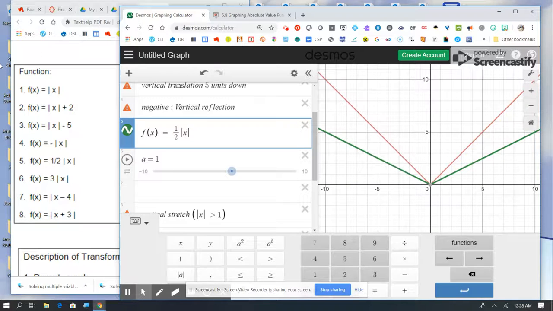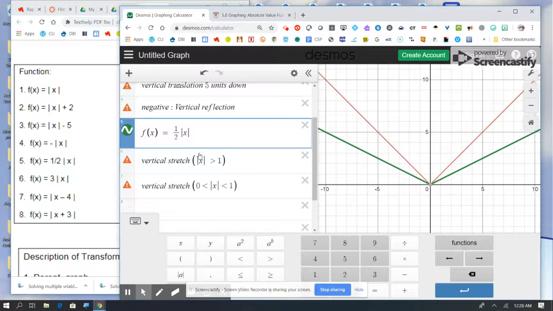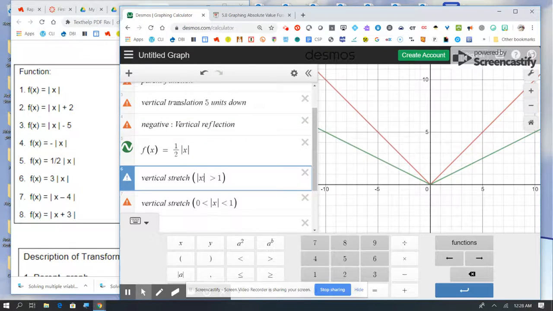So what do you think? The graph is wider, right? We don't need a slider, so delete this one. I should put this value as a.